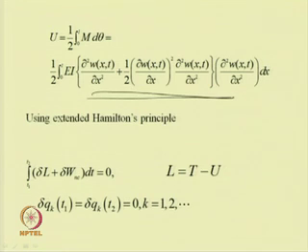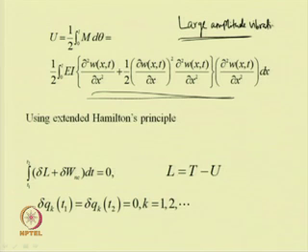In case of large amplitude, large curvature, or large amplitude vibration, one can write M equal to del square w by del x square plus half (del w by del x) whole squared into del square w by del x square, and d theta can be written in the same way as before, equal to del square w by del x square.